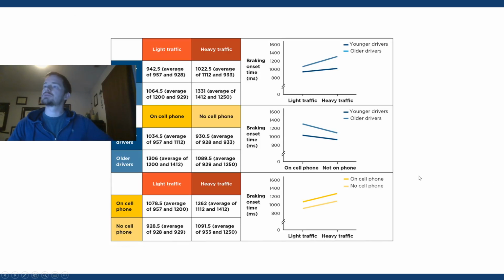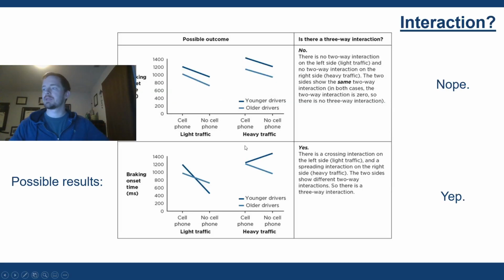All right, so again, this makes things look super complicated, but you can look at the different averages for each of these different conditions, and you get the idea. So, in this particular case, is there an interaction here? No. Is there an interaction here? Yes, definitely. All right, so that is all that I wanted to talk about for the factorial design.